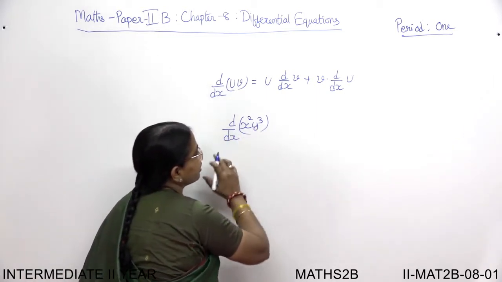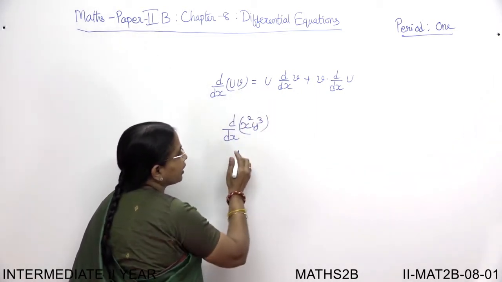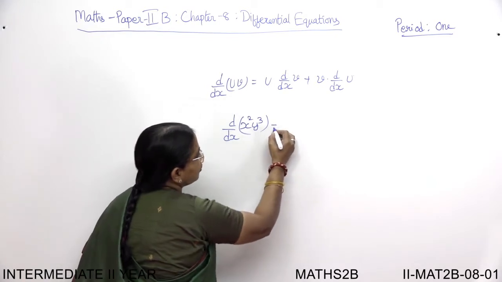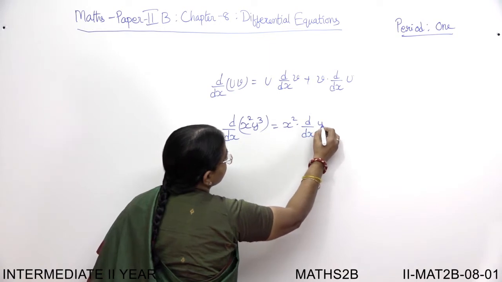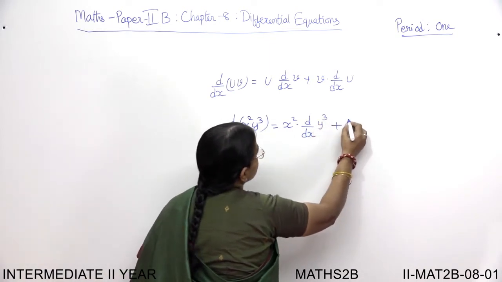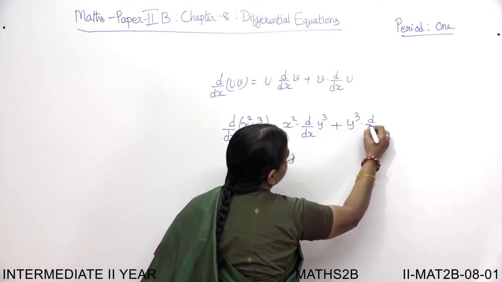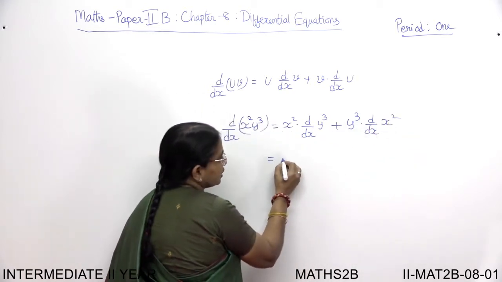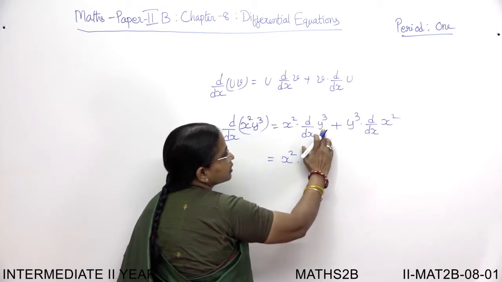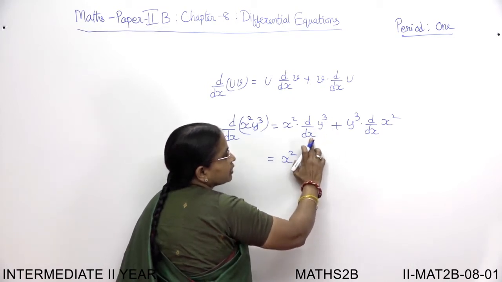Derivative of x square y cube. You must use the product rule. So it is equal to first function into derivative of second function plus second function into the derivative of first function. So x square into, now you must find the derivative with respect to x.